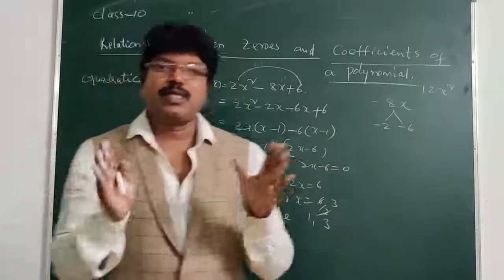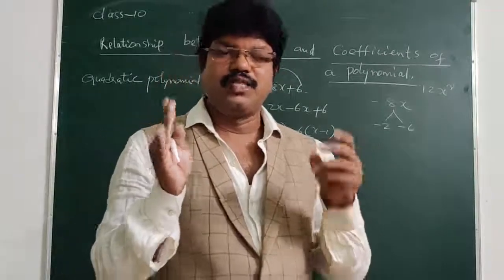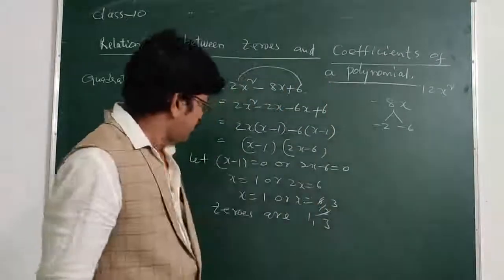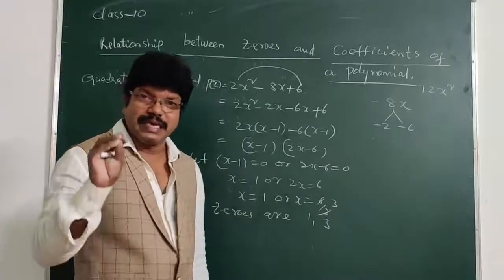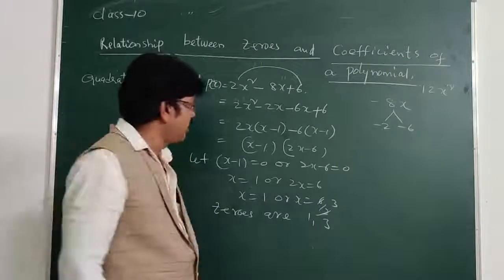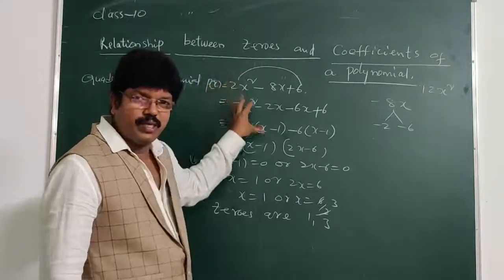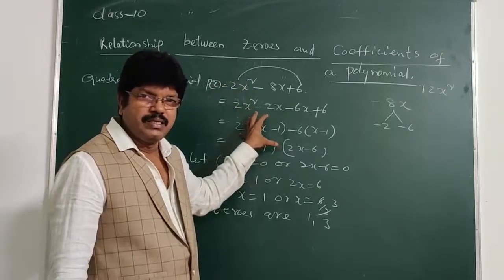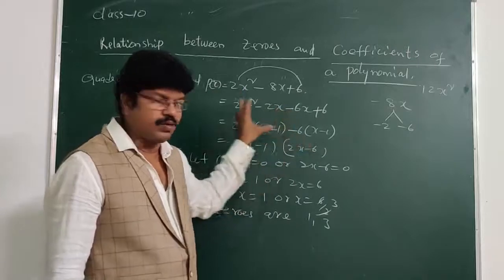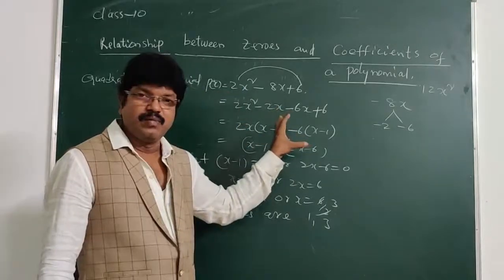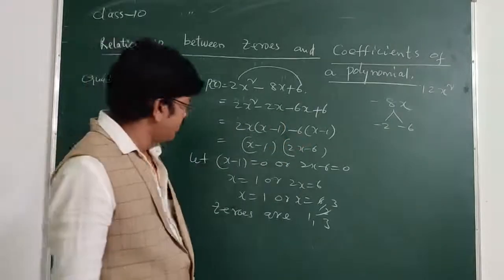I explain once more: if you solve the given polynomial, the values of that quadratic expression are the zeros.